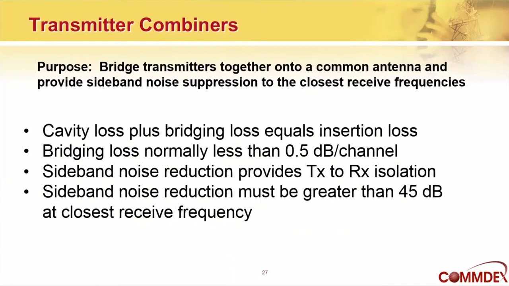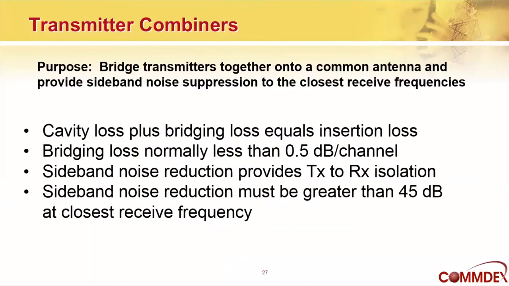So some things to remember about transmitter combiners. They do use cavities, so there's some cavity loss in there. We remember each cavity had about 1 dB of loss typically. There's also a bridging loss, and the bridging loss is from bridging multiple cavities together.